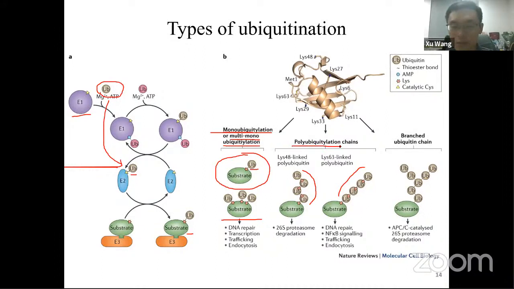So in general, ubiquitination can be divided into monoubiquitination, multi-monoubiquitination, and polyubiquitination. And the type of ubiquitination decides the function of ubiquitination.